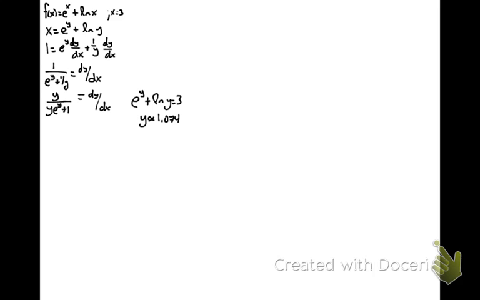So, substituting in 1.074 over 1.074 e to the 1.074 plus 1 gives us an approximate value of 0.259 for dy/dx.